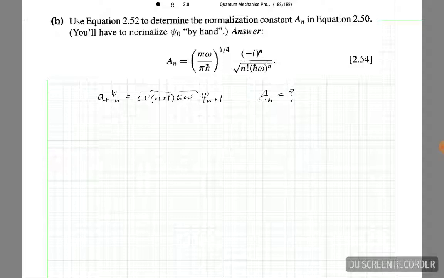So we want to discover what A n is using that equation. Now the nice thing about actually working it all out by hand, you're kind of supposed to, is that we can put this in a more useful form, which was our intermediate solution, where we had i times the square root of n plus 1 h bar, what we got right after the integral, a n plus 1 equals a n, because what we care about is a n here. So this is a more useful form.